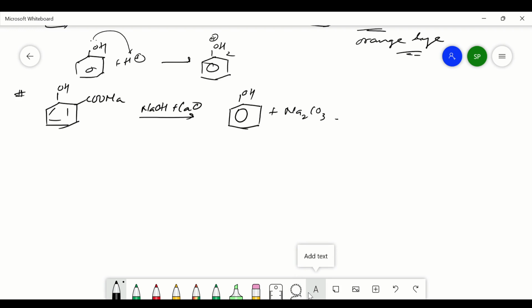Next is the production of phenol from Grignard's reagent.